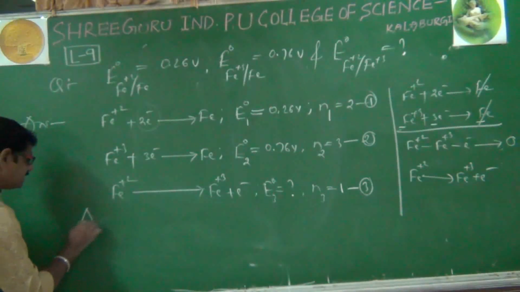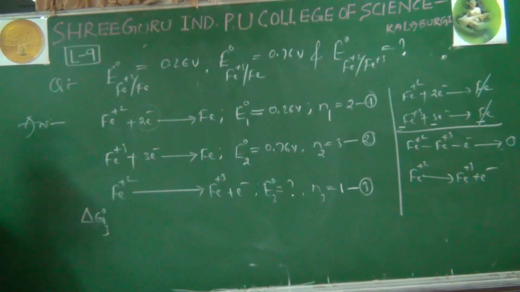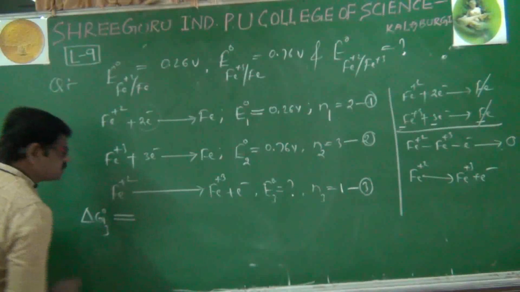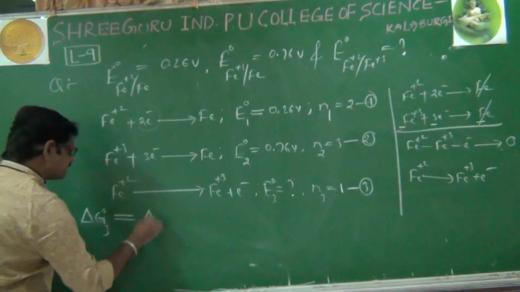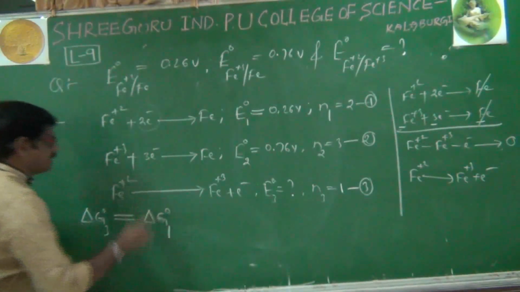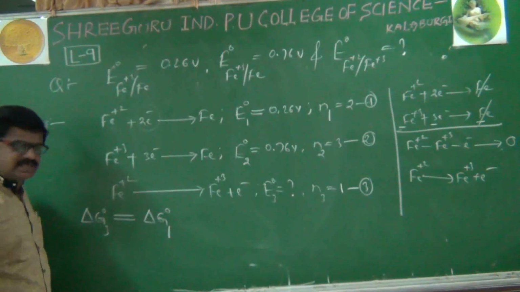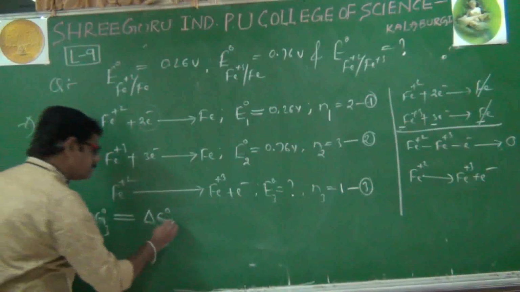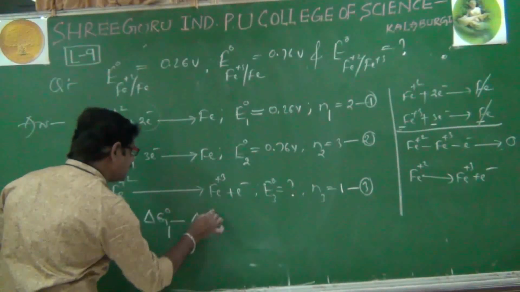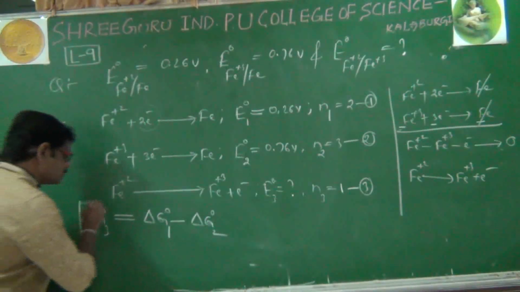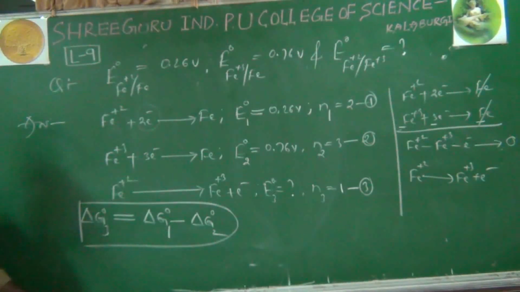So delta G naught 3 equals delta G naught 1 minus delta G naught 2, because we are doing equation 1 minus equation 2. We have to use this formula.